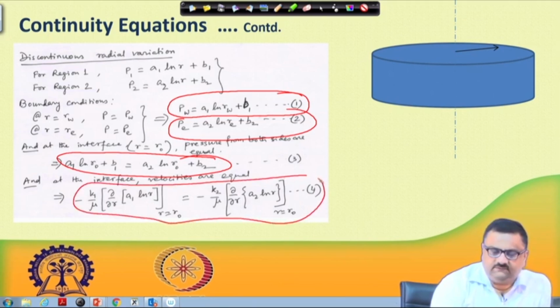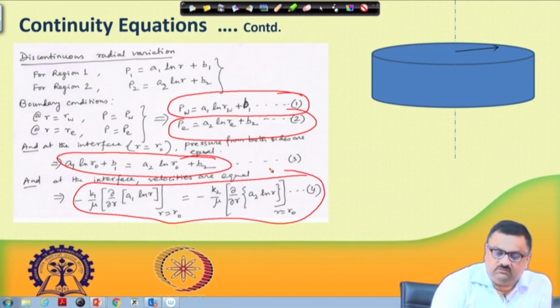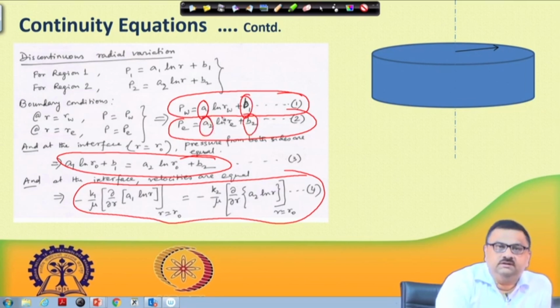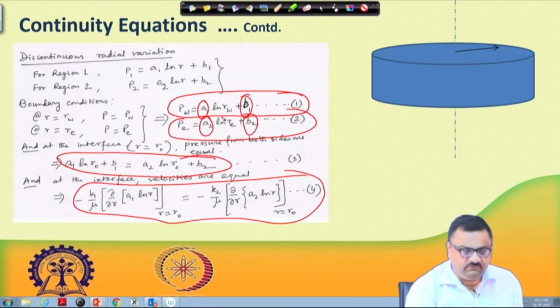We have these 4 equations, and we have 4 unknowns. What are those? A1, B1, A2, B2.